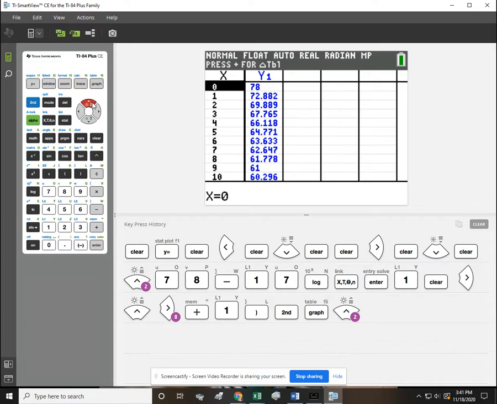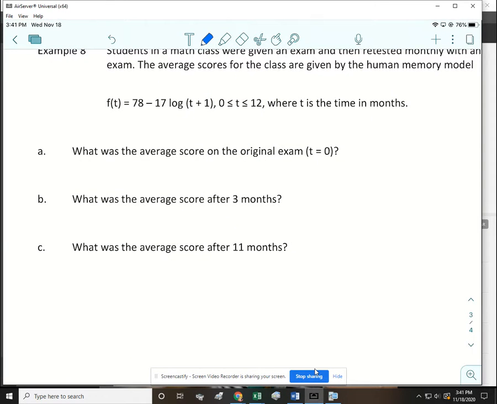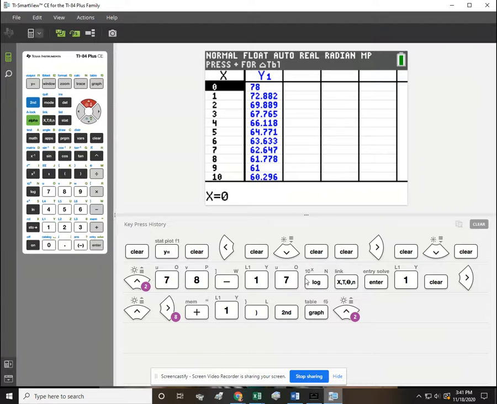And then we can go to the table. The first question is, what was the average score on the original exam? That's when t is 0. It looks like when t is 0, that human memory model is 78. And then over time, you're going to forget things, so you won't do as well on it 3 months later. Let's see what it is.